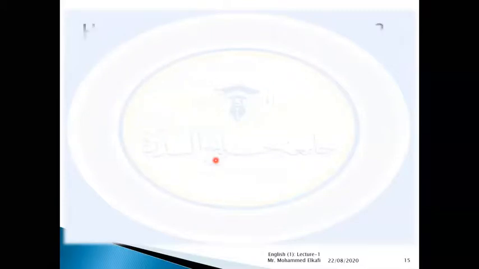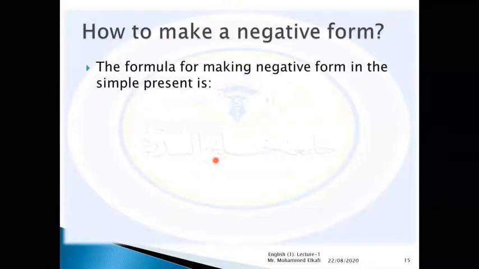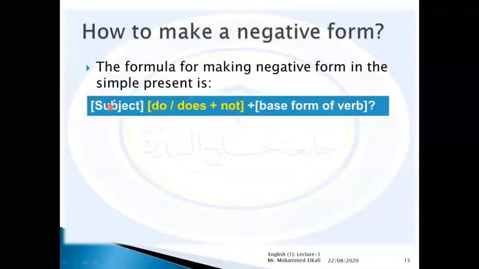So how do we make a negative form? A negative mainly includes not. The formula for making the negative form in the simple present is: subject first, he, she, it, or I, you, we, they.